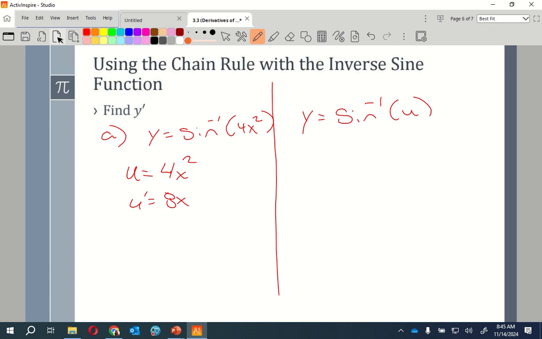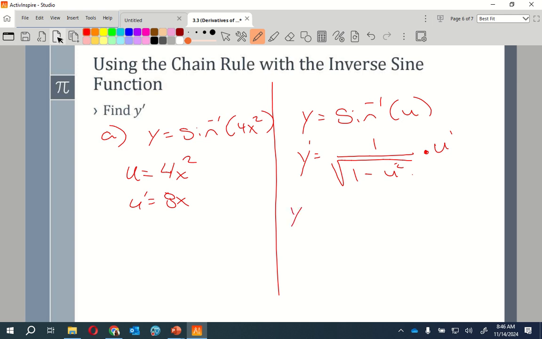Take the derivative, which is going to give me 1 over the square root of 1 minus u squared. Am I missing anything? Times u prime, right? Because I subbed my u, I have to have my u prime over here. Now let's put that u back.